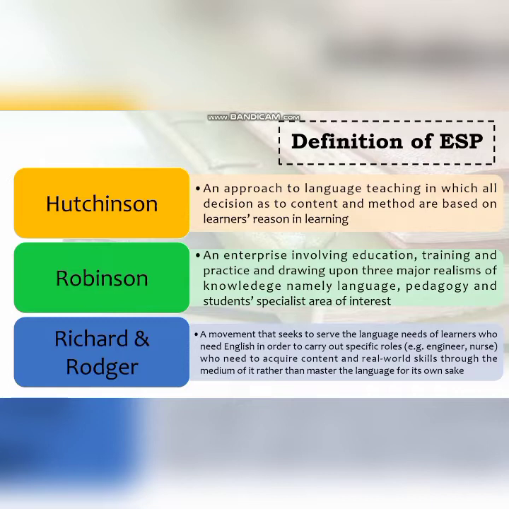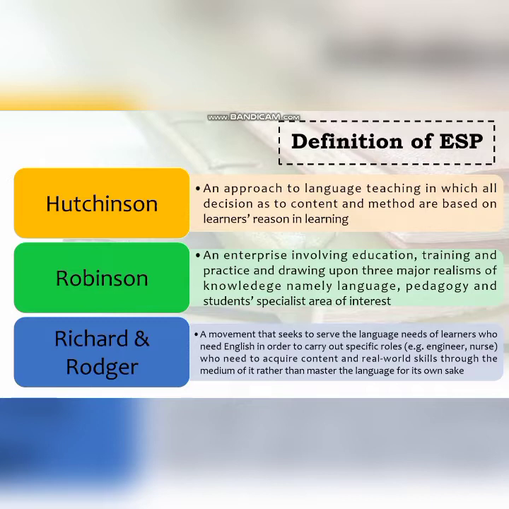For example, the technical students will need a technical English lesson, and also medical students will need an English for medical professionals subject, and the waiters maybe will need an English for waiters subject, and also English for tourism if the employee is from the tourism field or job. So it is more focused on the learner's needs.